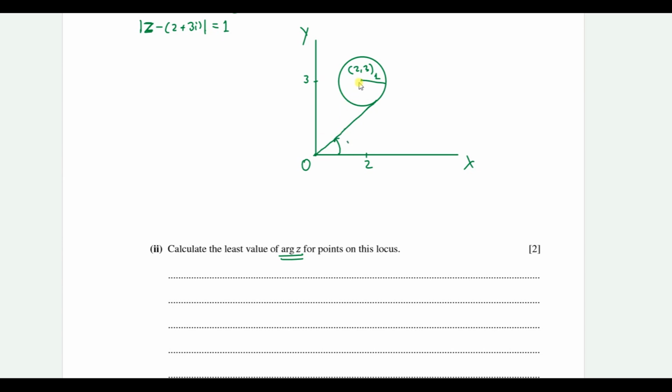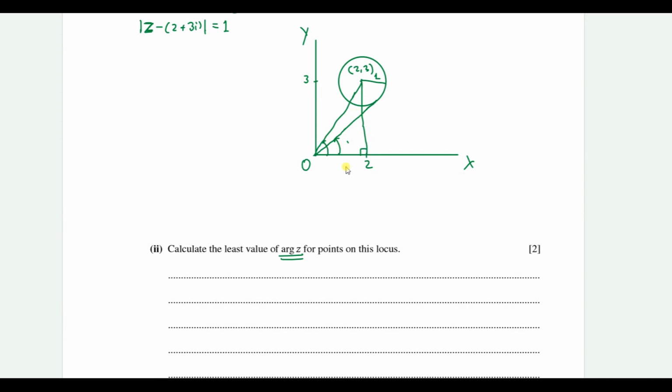So what we are going to do, we are going to find this angle, that is going to be the argument. For that we join O to C first of all, and this is going to be 90 degrees.